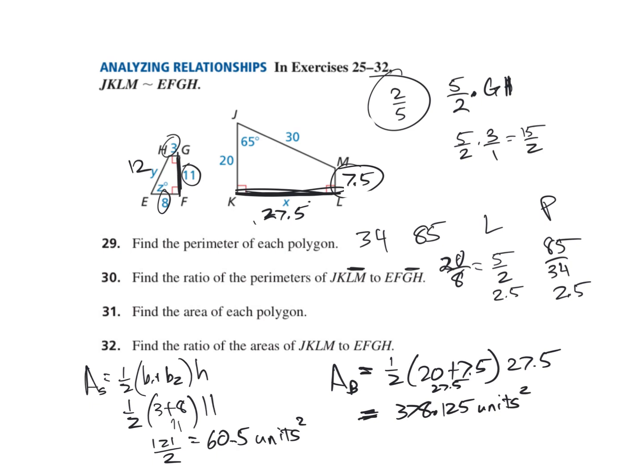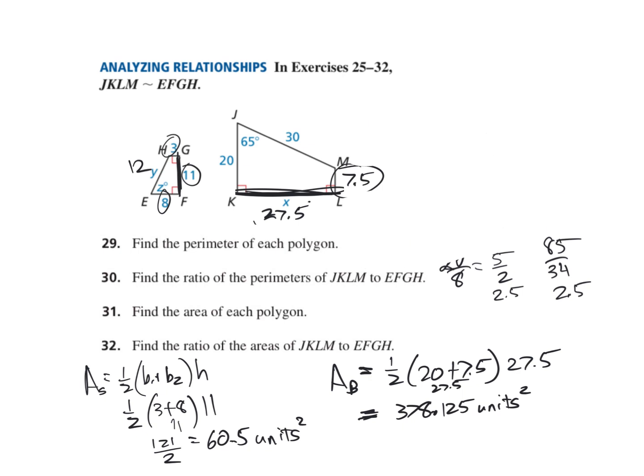All right. So let me erase some of this other stuff and show you how to use the formula to find the areas. So let's say we found the area of the one, we'll use the smaller one, 60.5, and we don't know the area of the bigger one, but we know the side lengths. All right. So the side lengths, since we're using a calculator, we'll just do that. HG is the same as LM.